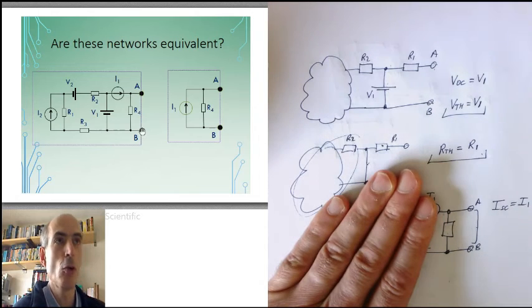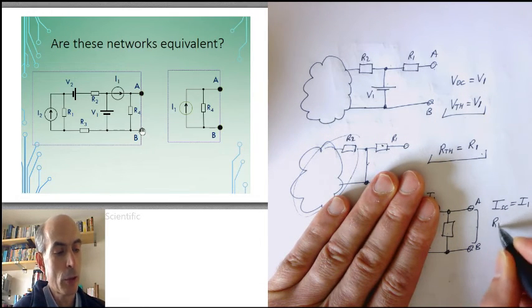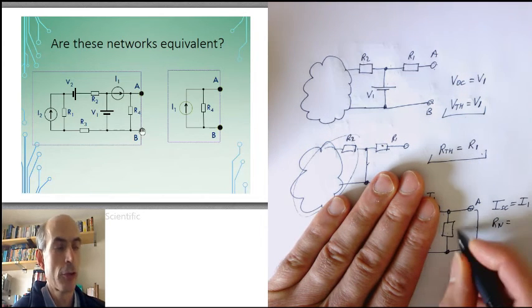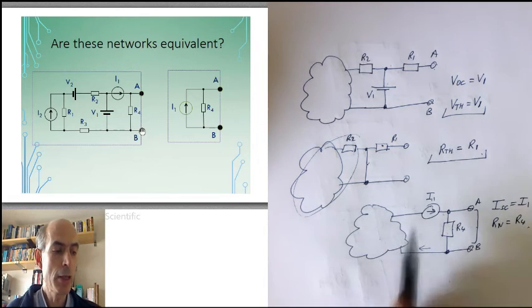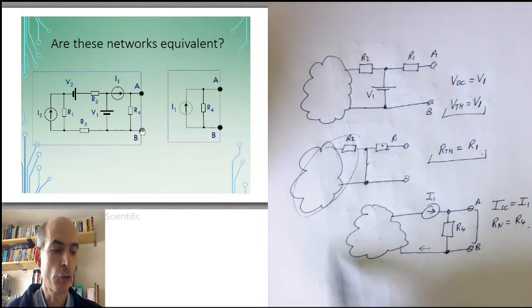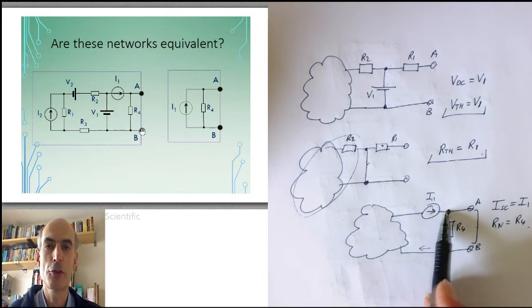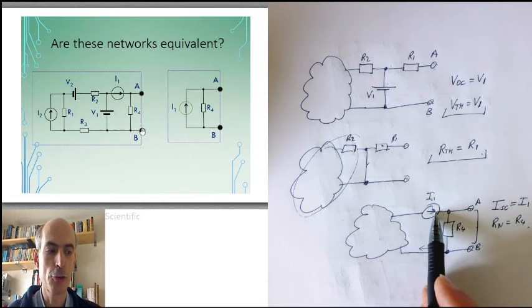So we could just ignore all that part of the network and say that our Norton equivalent resistance is just going to be the value of this resistor here, R4. Anything in series with a current source doesn't change the current flowing in that part of the circuit. It's just determined by the current source.